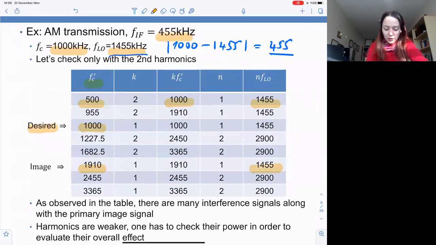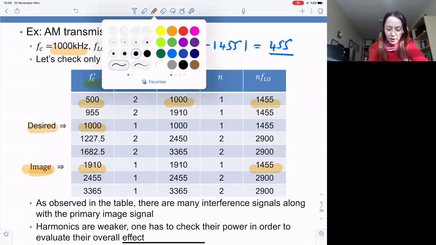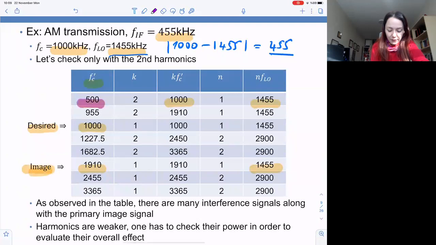So that's going to be trouble for us. That's the image. So we have a desired signal, the image, and a bunch of spurious responses. What are the spurious responses? 500, 955, 1.2 megahertz, 1.68 megahertz, 2.4, 3.3.